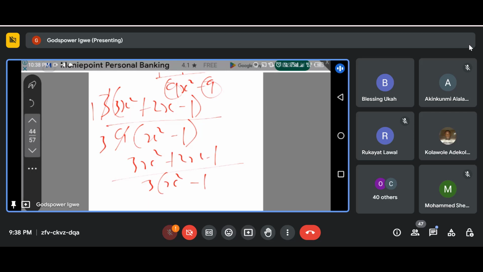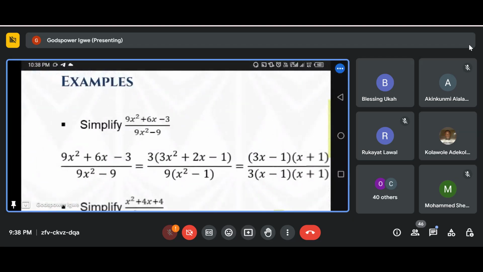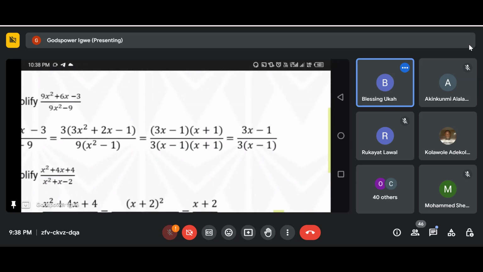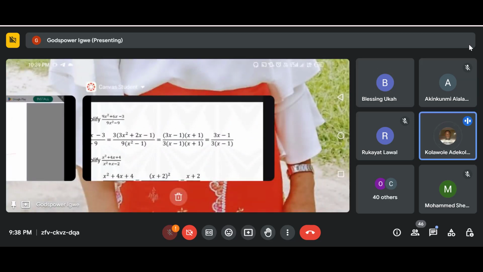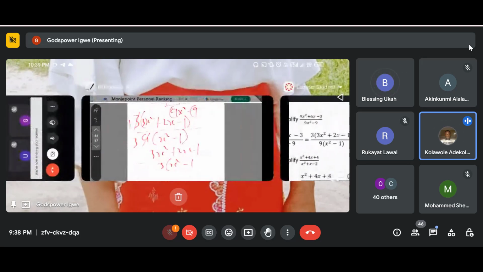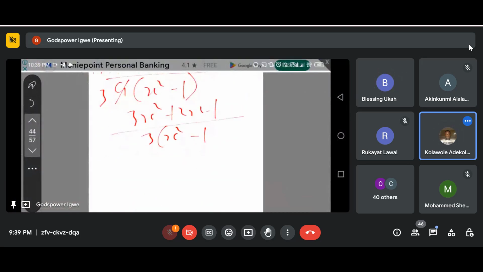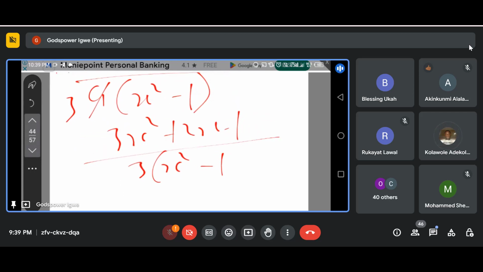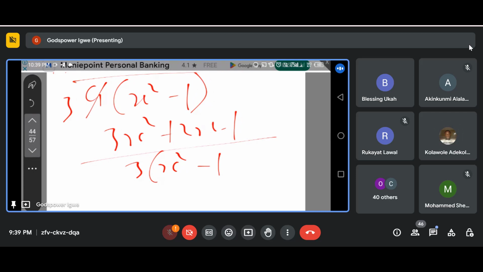So if you check this again, is this not the answer? Remember, this is almost like a quadratic equation.